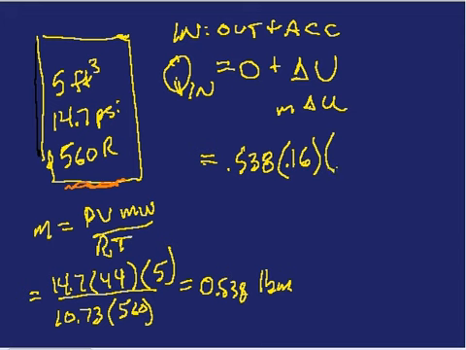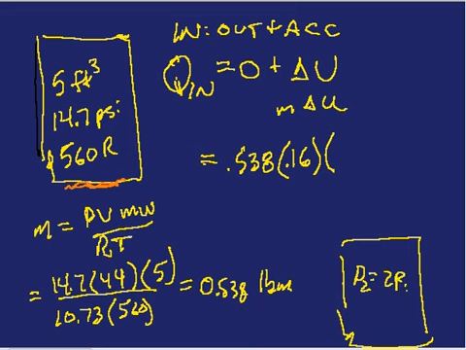T2 minus T1. Now you were told in this case you wanted to double the pressure, so state 2, draw it over here, state 2 has the tank with double the pressure. So P2 equals 2P1. And so the volume density, PV equals RT.